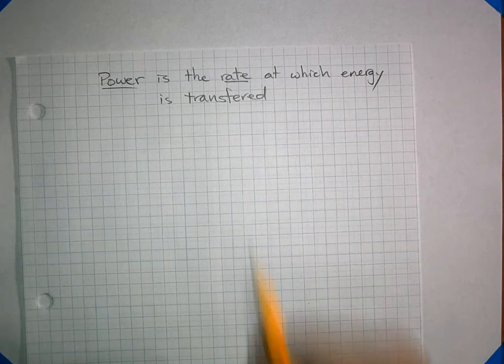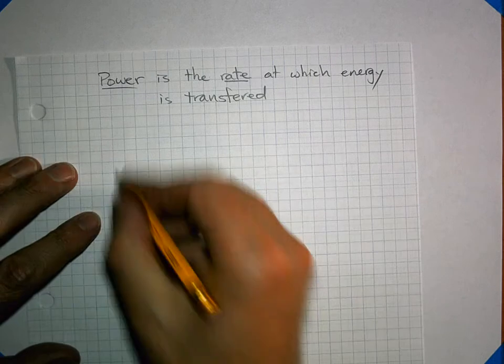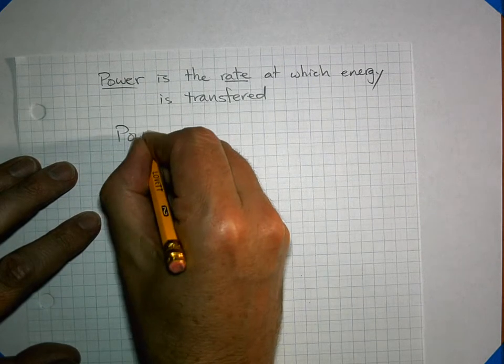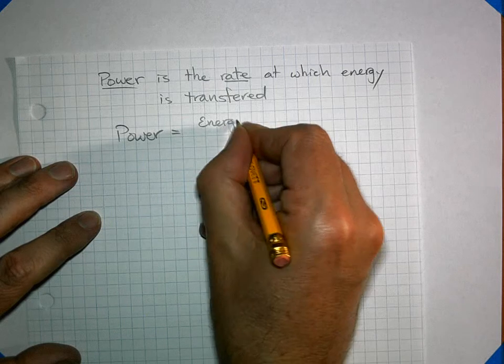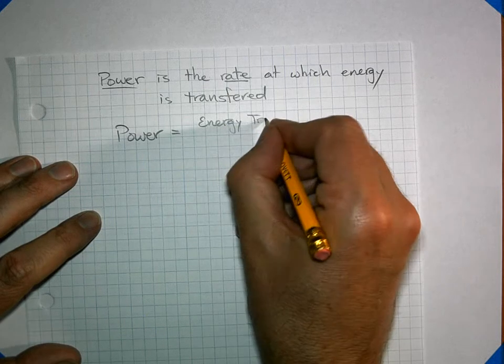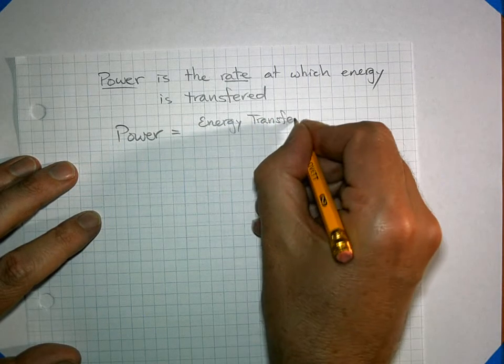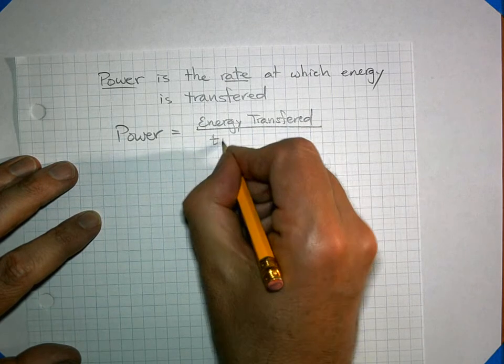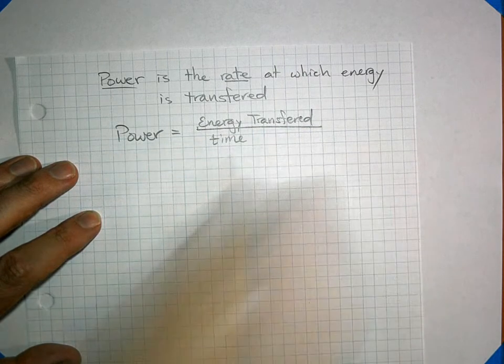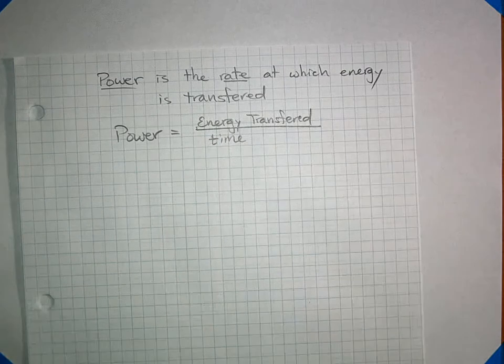Now, by rate we mean how much energy is transferred per unit time. So power is equal to energy transferred divided by the time it took you to transfer that energy.